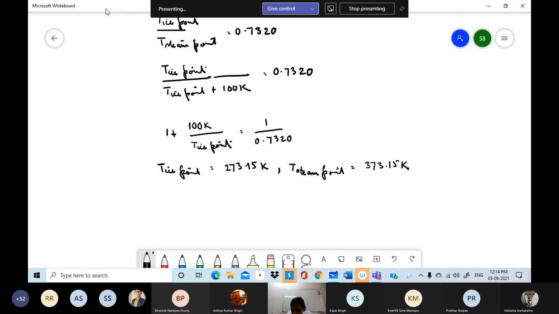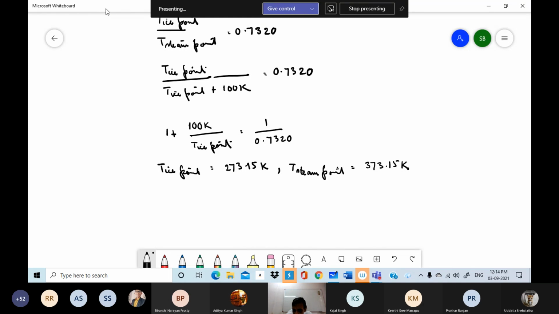Our class is of duration 1 hour 55 minutes. So if I deduct the 5 minute break in between, we get 1 hour and 50 minutes. If I deduct the 20 minutes, the 10 minutes in the beginning and the 10 minutes at the end, we would be left with 1 hour and 30 minutes.